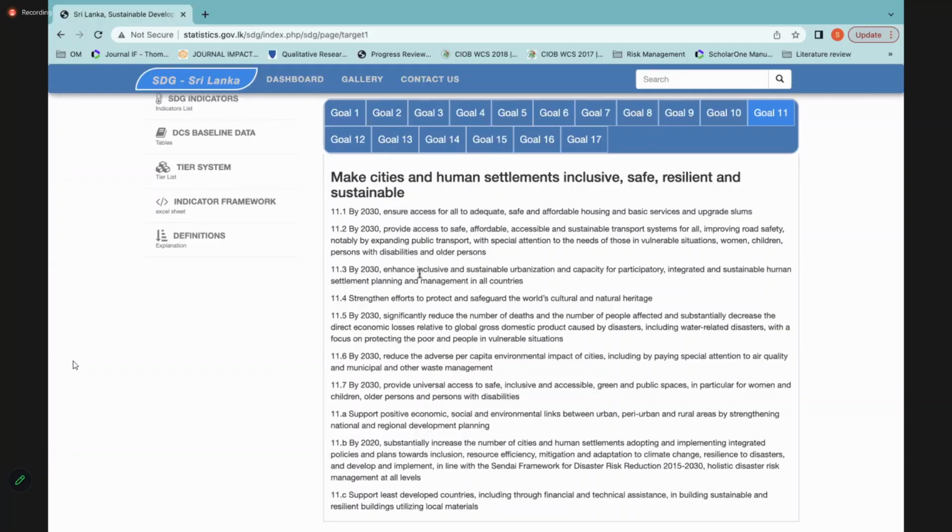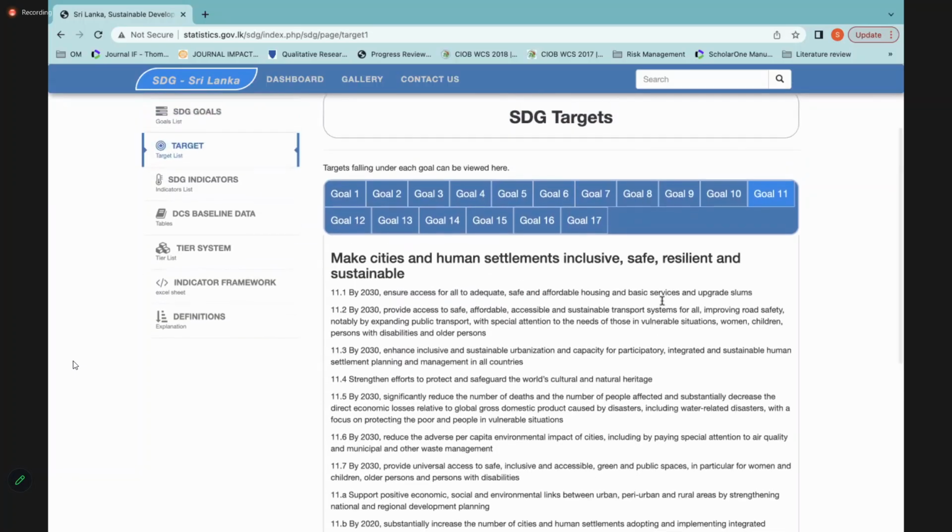By 2030, enhance inclusive and sustainable urbanization and capacity for participatory, integrated, and sustainable human settlement planning and management in all countries. Strengthen efforts to protect and safeguard the world's cultural and natural heritage. Those are the targets we have to aim for under each of these goals.